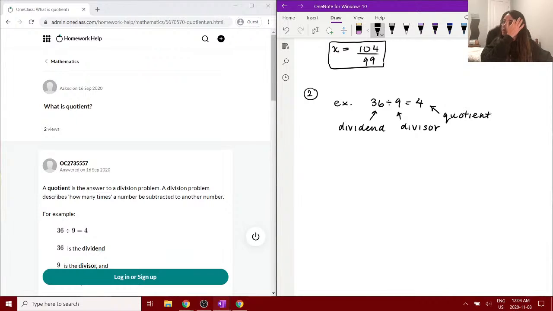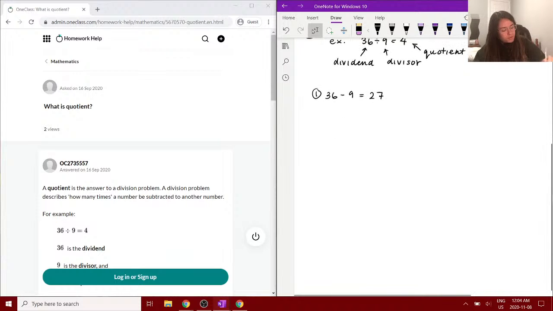And it also tells us that 9 can go into 36 4 whole times, okay? And the way that they showed it here was by subtracting 9 from 36, and we'll see how many times we can subtract it from 36 until we get 0, okay?